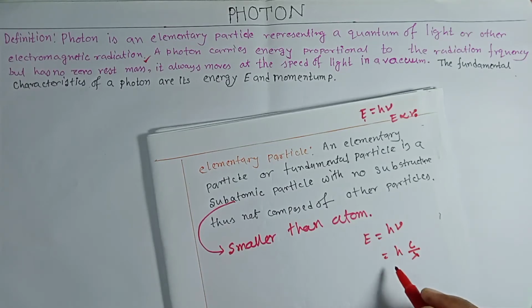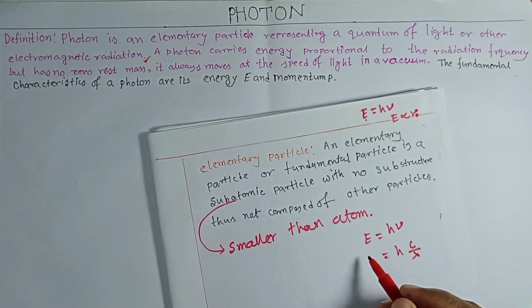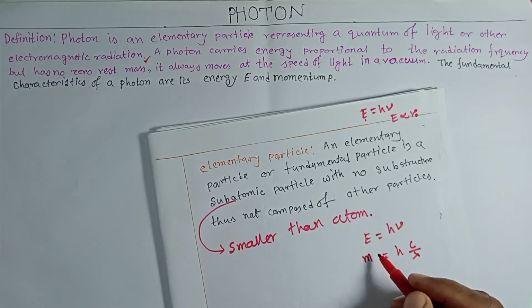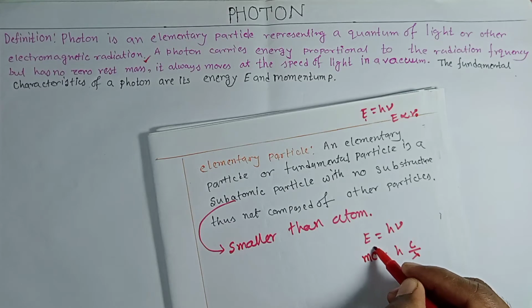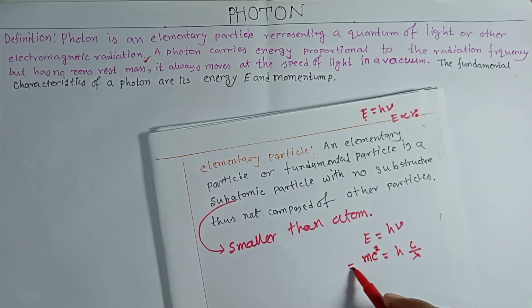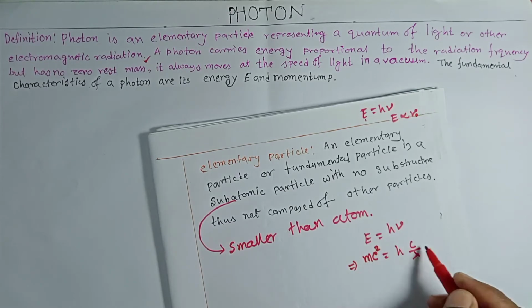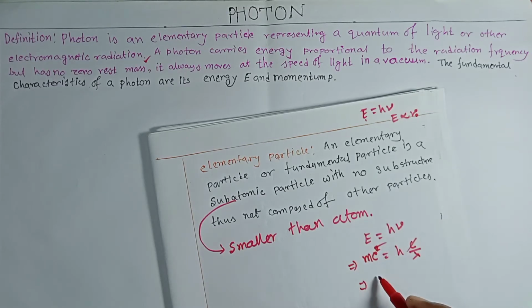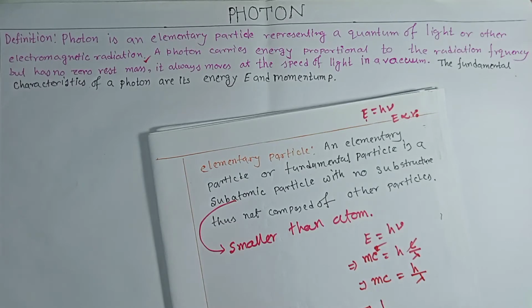From Einstein's formula, E equals mc squared, one c gets cancelled, and we get mc. What is mc? mc is the momentum, P, which equals h upon lambda.